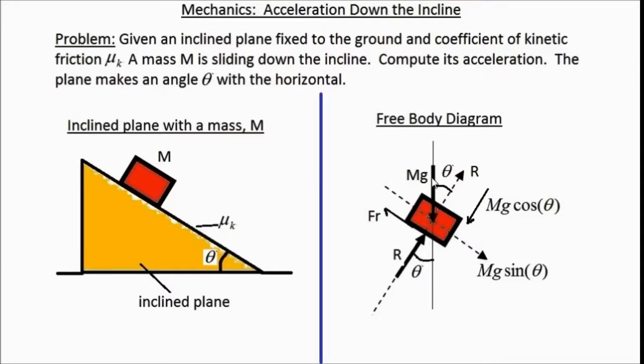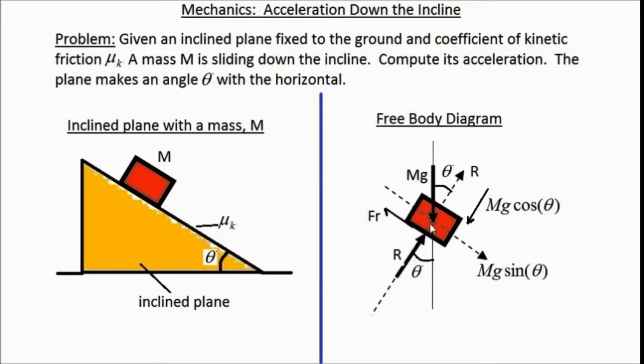So if we resolve mg into forces perpendicular to the incline and parallel to the incline, you have mg cos theta, which is acting perpendicular to the incline, and it's balancing the reaction force, and mg sin theta is causing the acceleration of the body, while the friction is opposing the acceleration of the body. So this is the free body diagram and the various forces acting on the body.